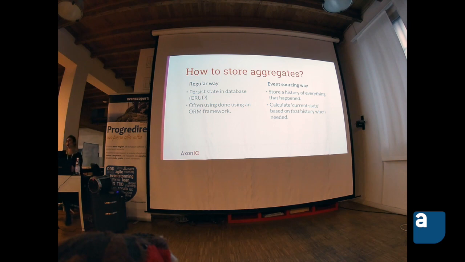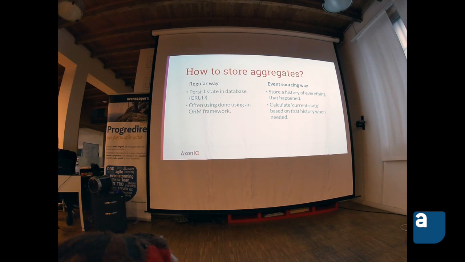We can use two ways mainly. One is the traditional way, to persist the state of the aggregate itself, and we can do this with an ORM framework or anything. So it's very common. And the other way is event sourcing.